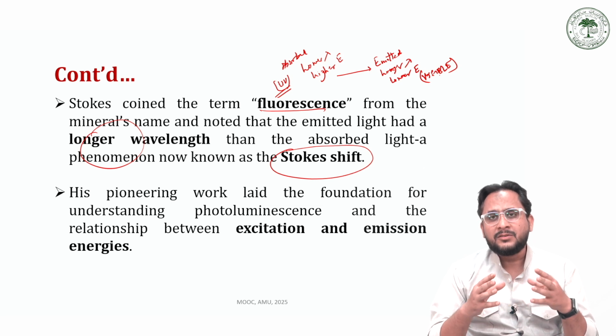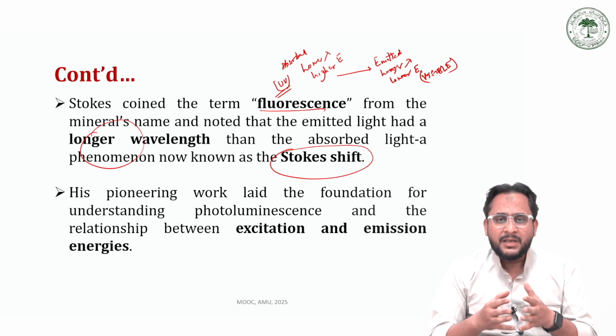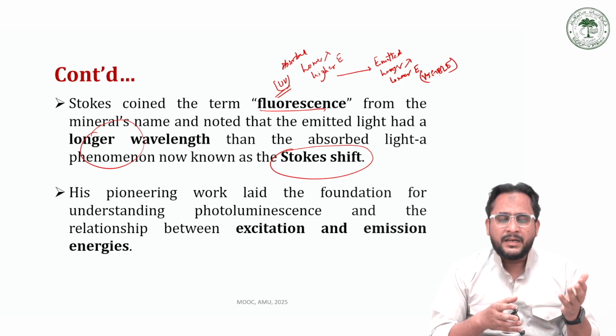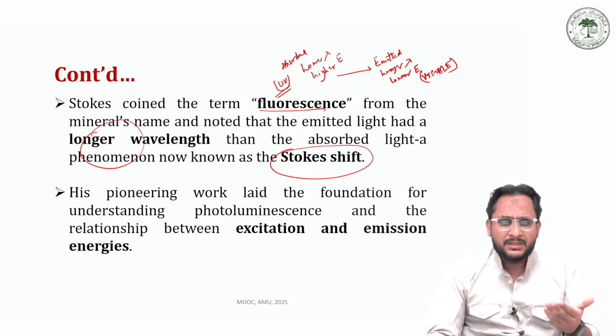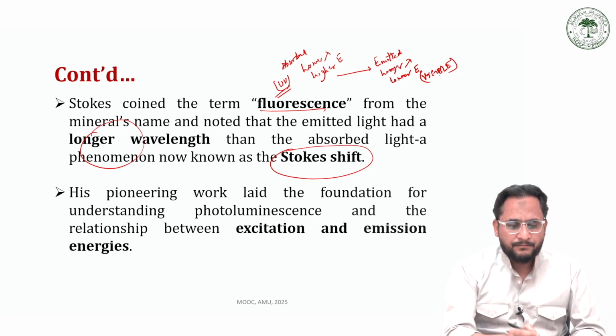But this is not common in fluorescence. In fluorescence, the light emitted by the sample is always of longer wavelength and lower energy than the light absorbed. We will discuss the Stokes shift in the later parts of this lecture.